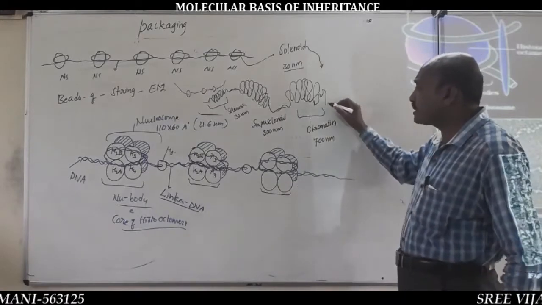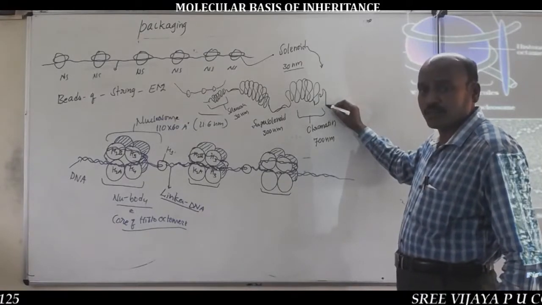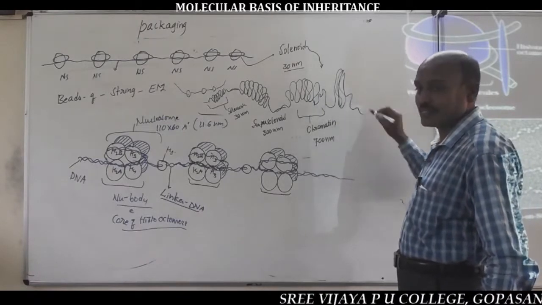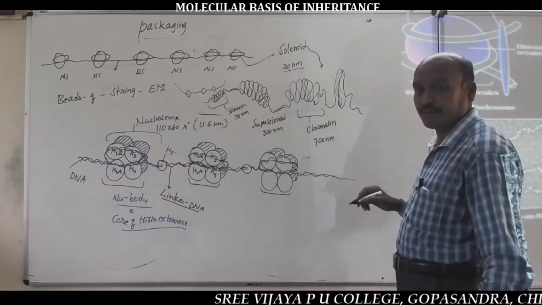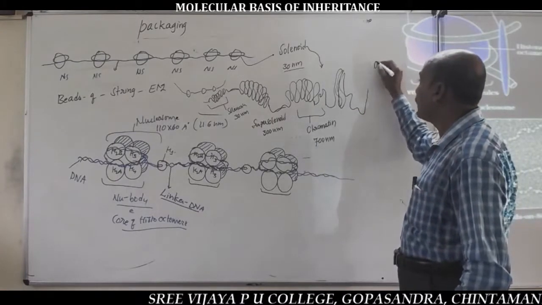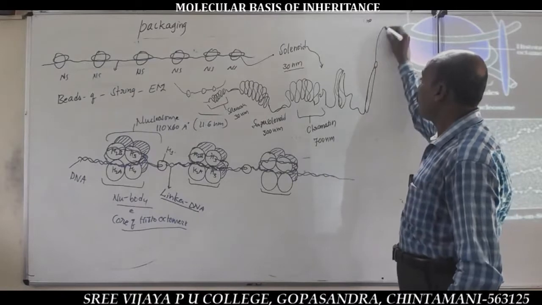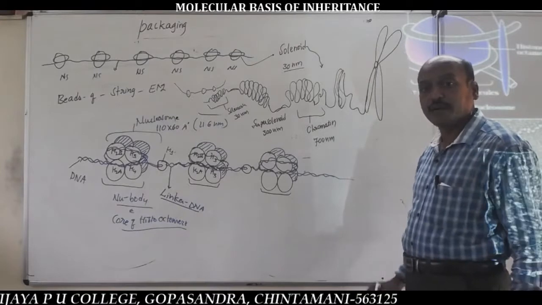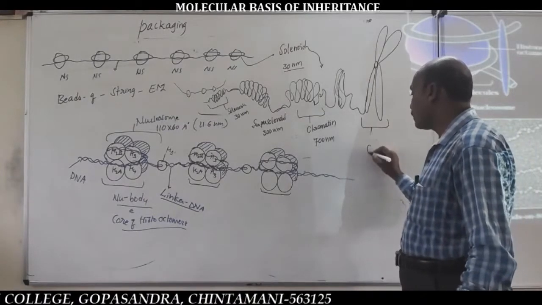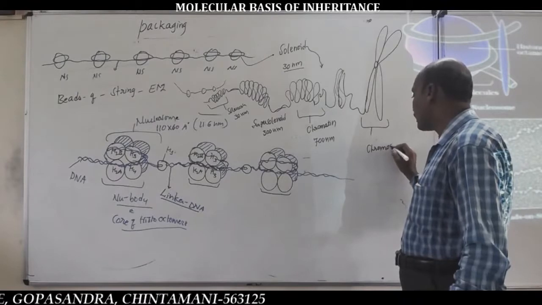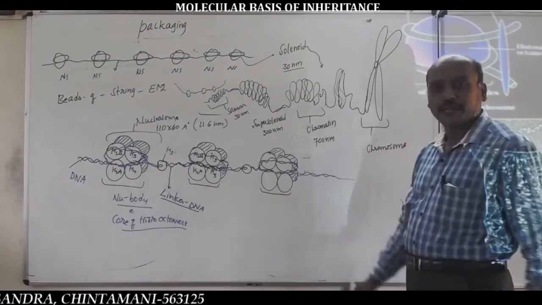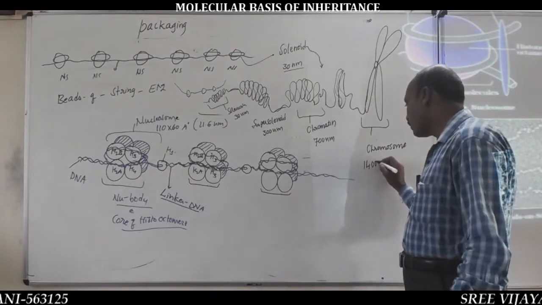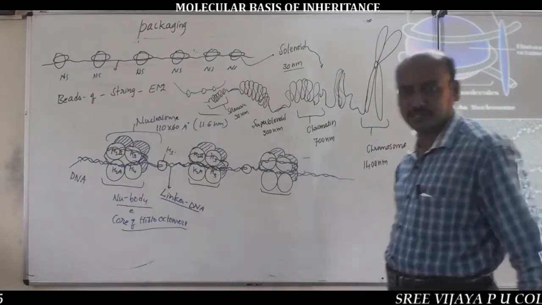This chromatin material is further condensed at a higher level in metaphase of the mitotic division to produce a rod-shaped structure called chromosome, with a diameter of 1400 nanometers.